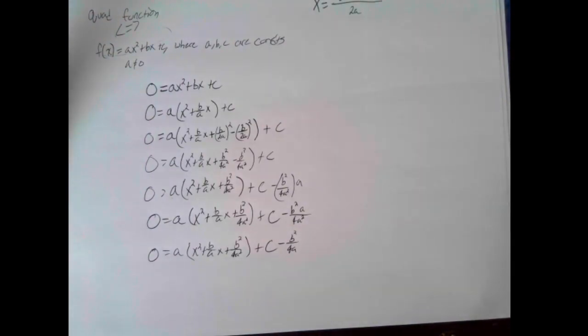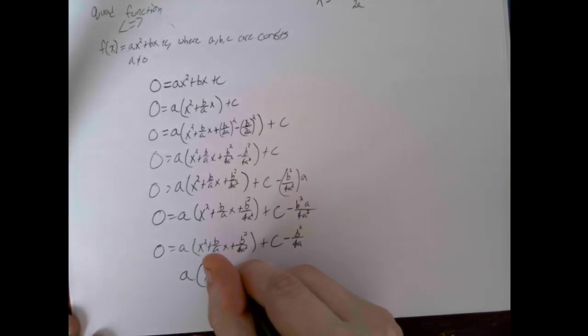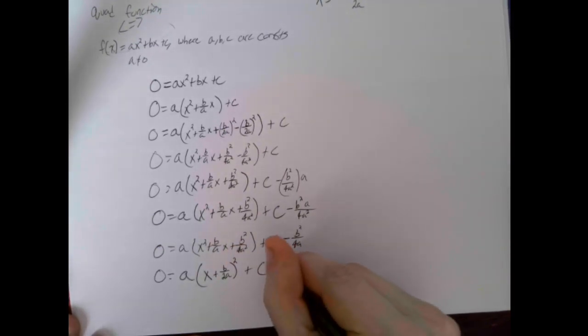Now, from here, we're going to continue completing the square inside here, and that's going to end up being x plus b over 2a squared. And then, in the next step, we're going to start simplifying a little bit more.